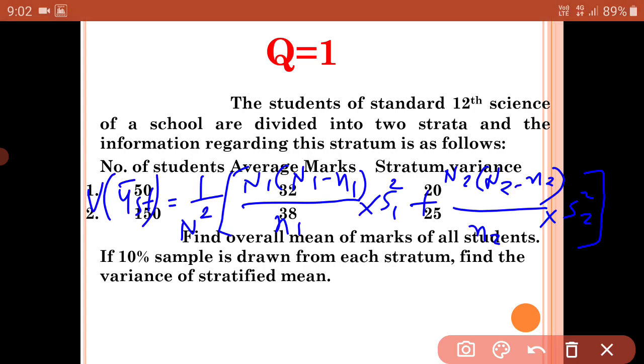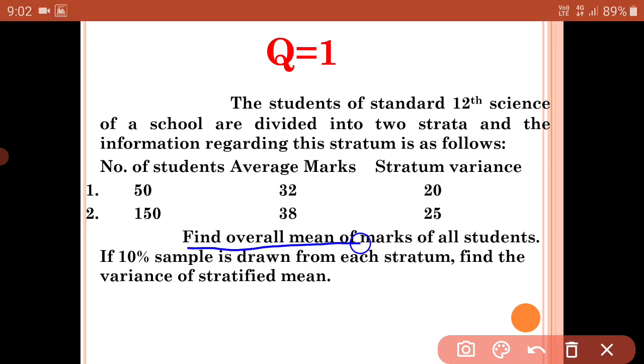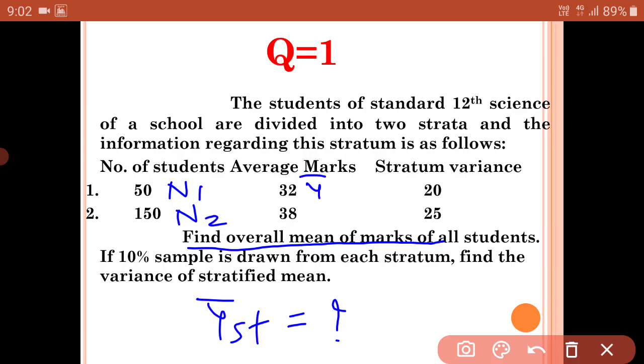Here the question asks for the overall mean, which means y bar st. It is our method number 3. I think all of you know method number 3. Here 50 is capital N1 and 150 is capital N2. Average marks means y bar 1, 32, and 38 is y bar 2, and s1 square is 20 and s2 square is 25.